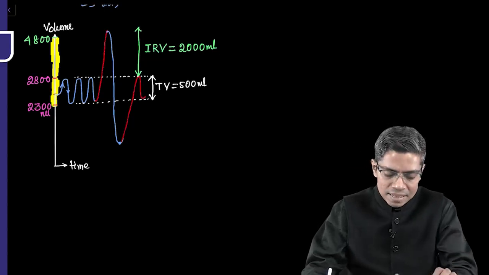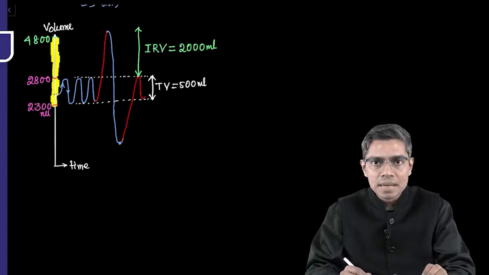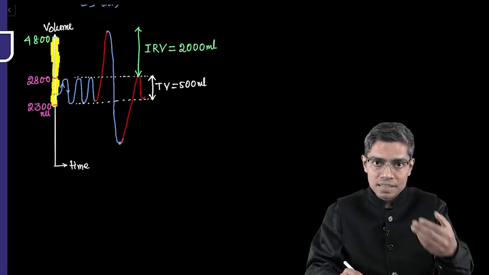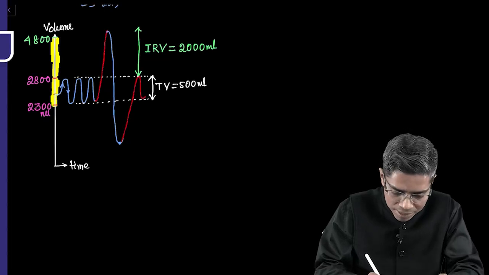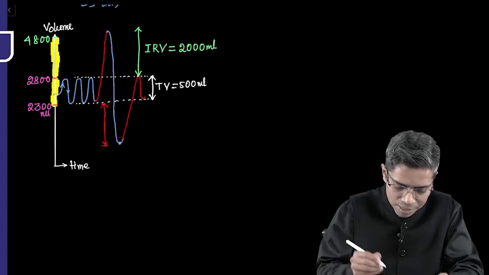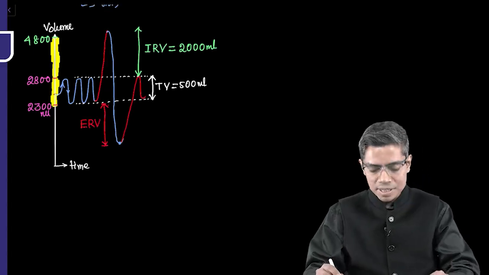Now similarly, if I calculate how much extra air the subject is expiring during forceful expiration, I have to find out this volume from the normal up to this forceful expiration. This is known as expiratory reserve volume, ERV.